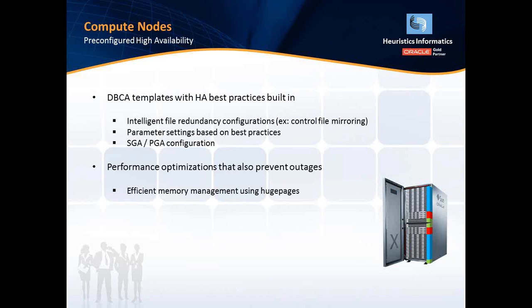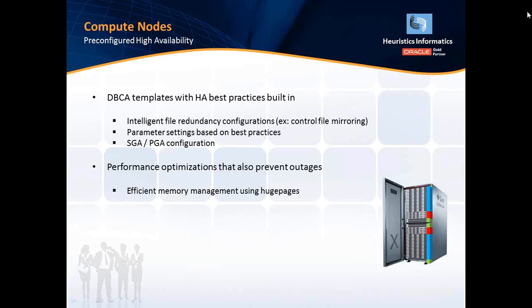The compute nodes or the database servers themselves, as I said, utilize Real Application Clusters and are configured in a high availability configuration, active-active. The simplest configuration is the Exadata quarter rack, which has 2 database nodes, all the way up to an Exadata full rack, which has 8 database nodes.